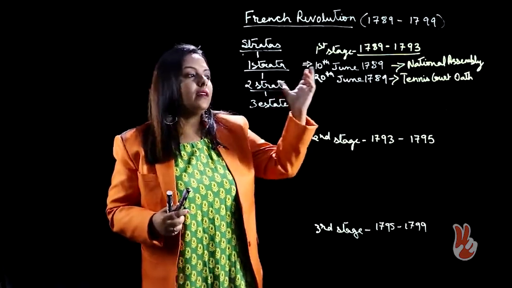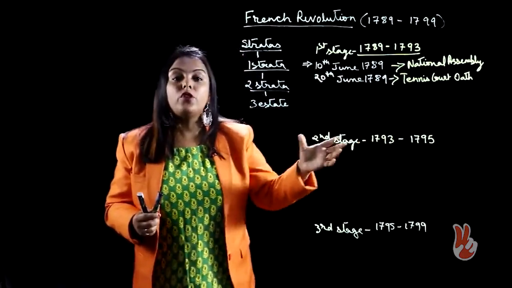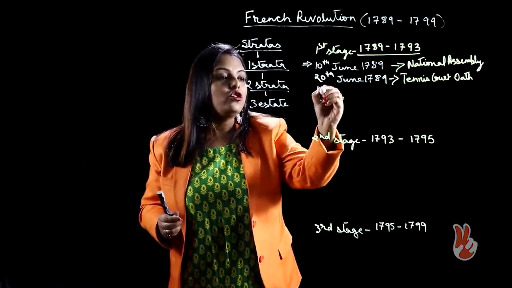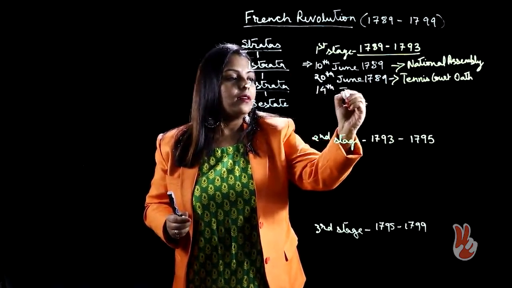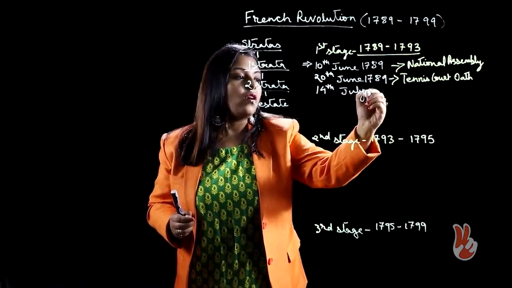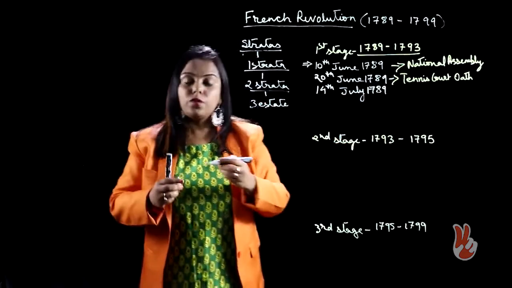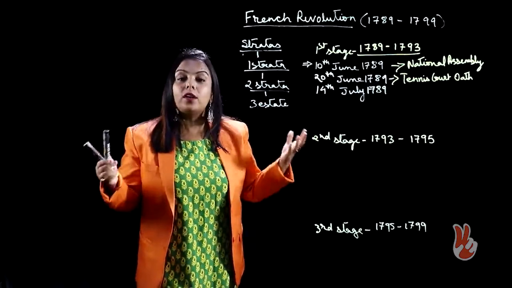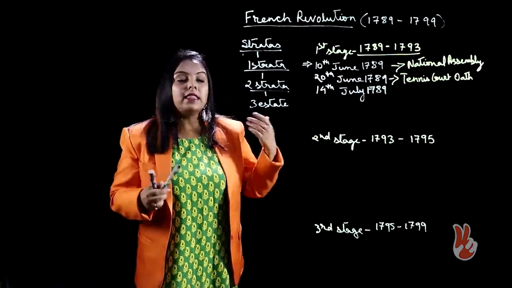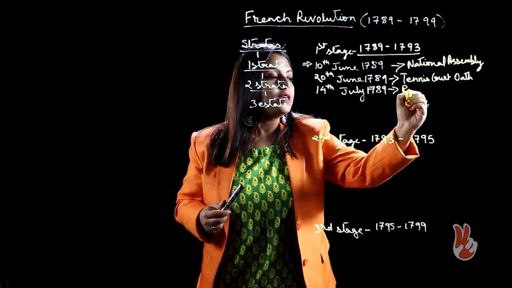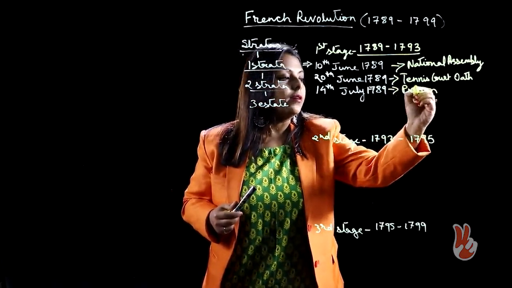Now, the National Assembly took control of the government. How did it happen? On 14 July, those peasants and farmers who were revolting and had gathered in France entered the prison of Bastille, and the prison of Bastille was broken.